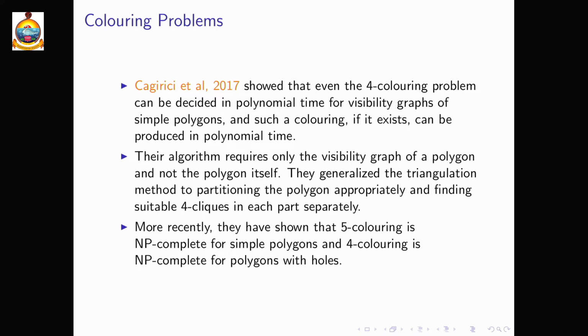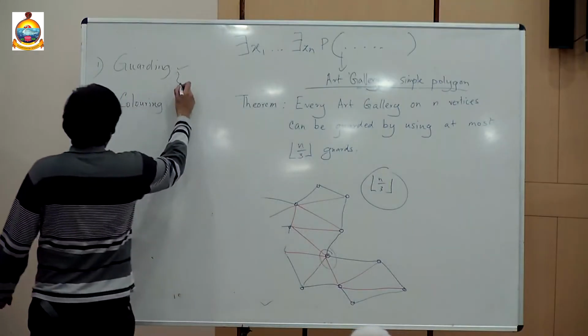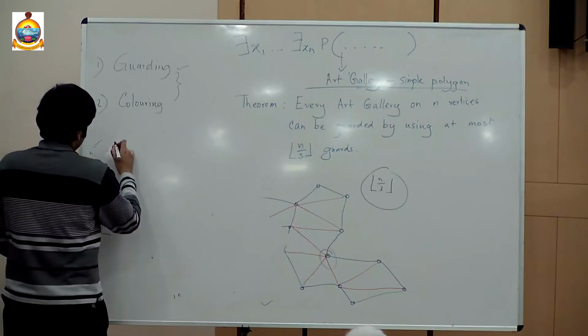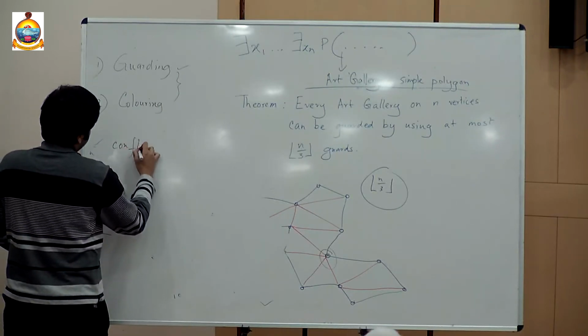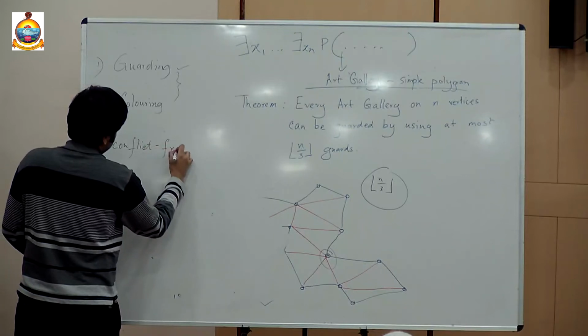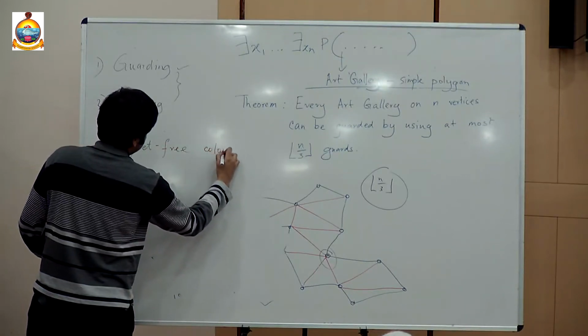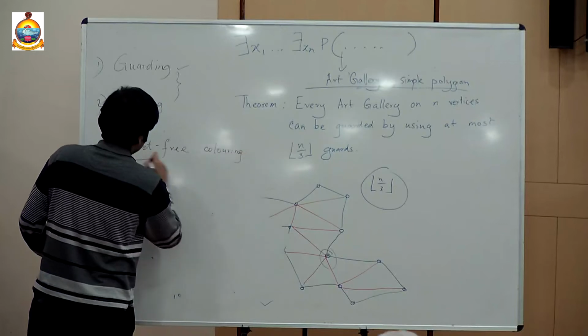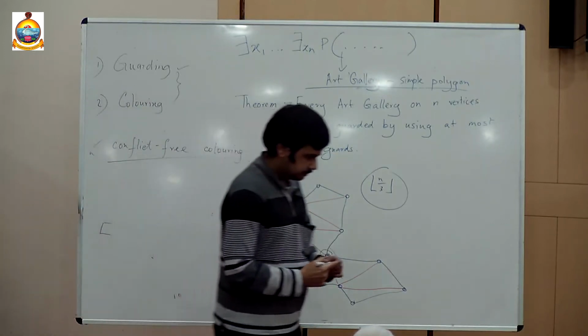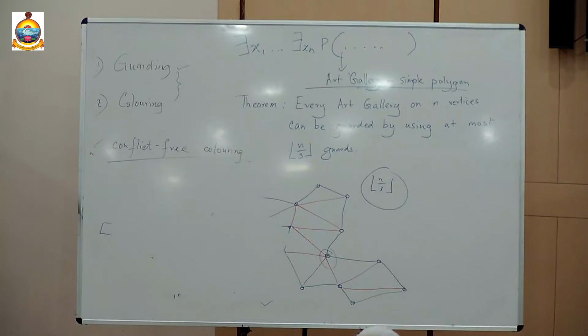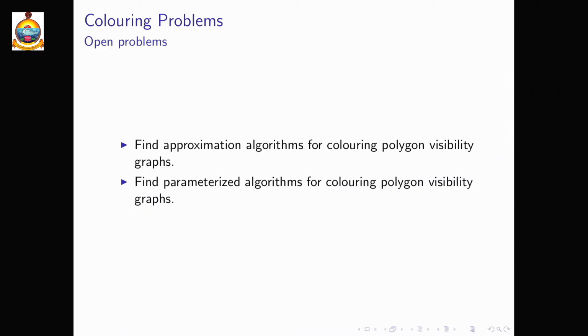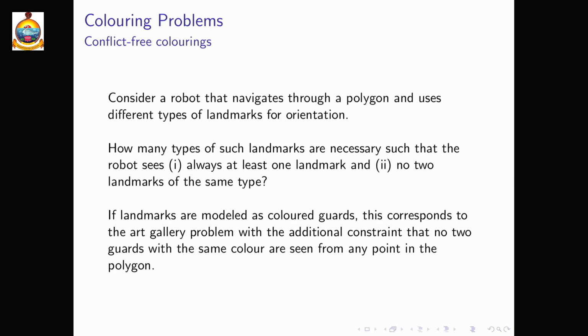Another version of coloring which has become very popular combines these two. It is called conflict free coloring. So, let us see what this means. Okay. So, consider a robot that navigates through a polygon and uses different types of landmarks for orientation.